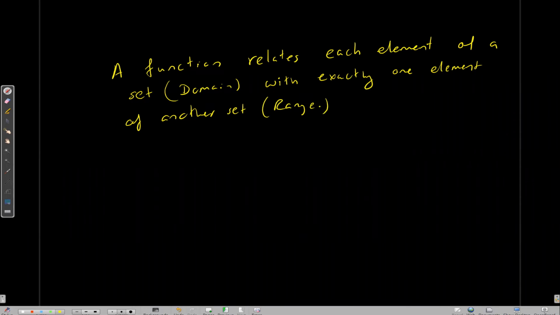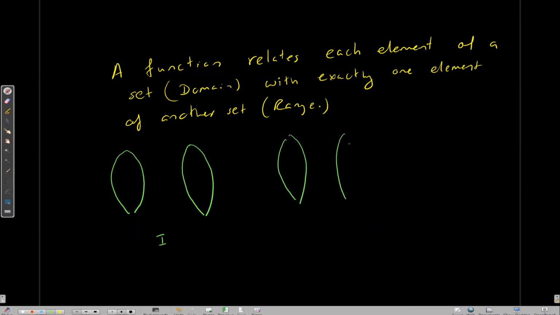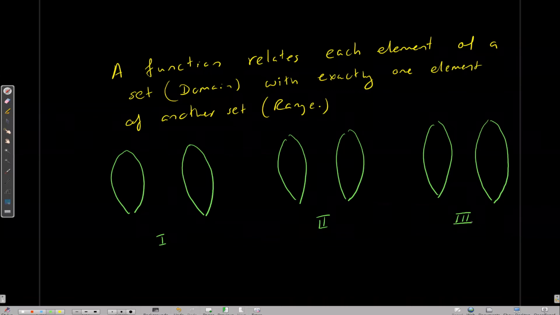Pause the video, read this carefully and decide. I'm going to draw 3 relations now. Relation number 1, relation number 2, without writing down numbers. I'm just going to draw these 3 diagrams. It will give you a nice idea if you remember this, and you will remember this for the rest of your life.